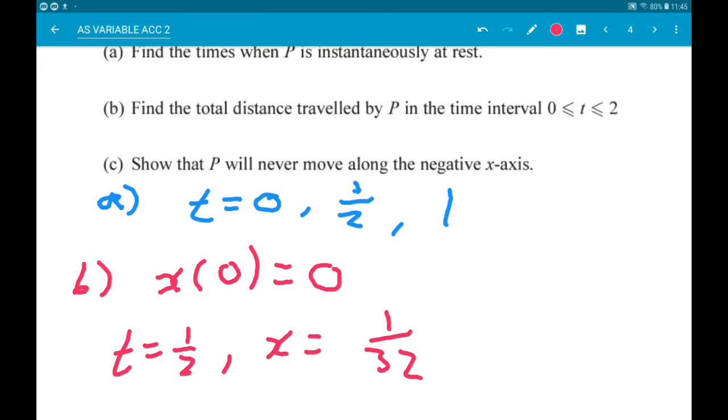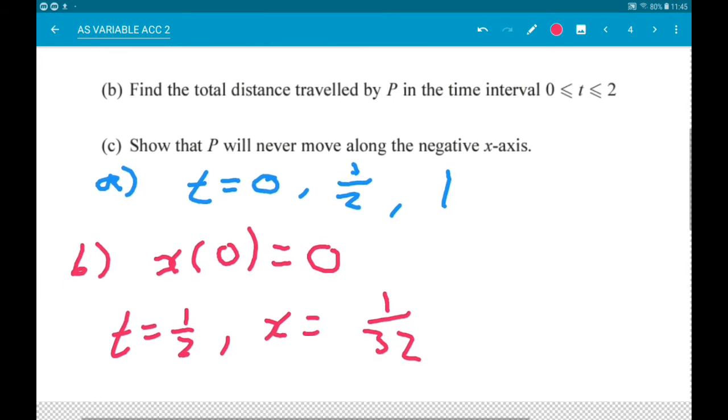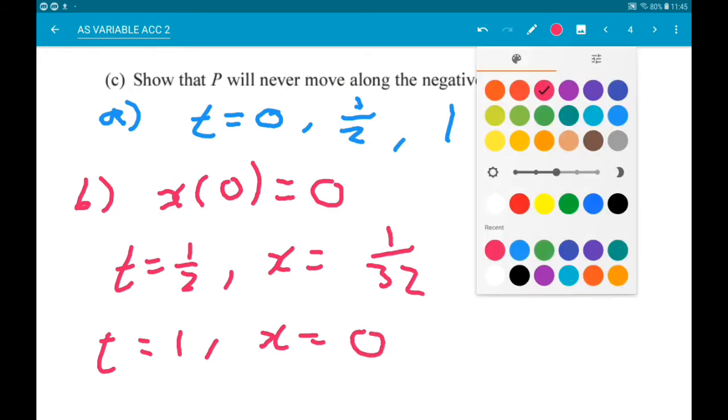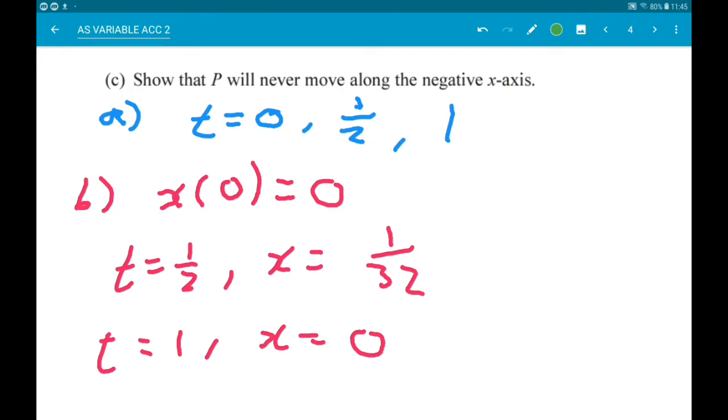Next, the particle then stops at t equals 1. Now, t equals 1 gives us x is equal to 0. Now, what this means then, the particle has moved 1/32 of a metre away from the origin, and then it's moved back.